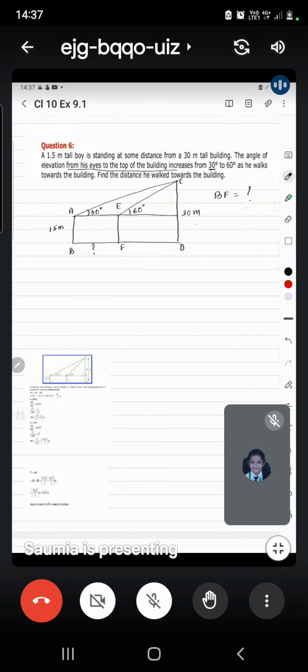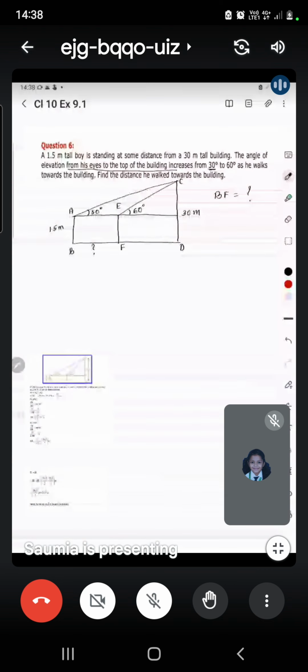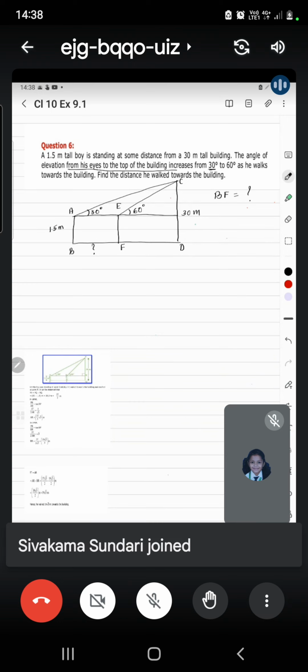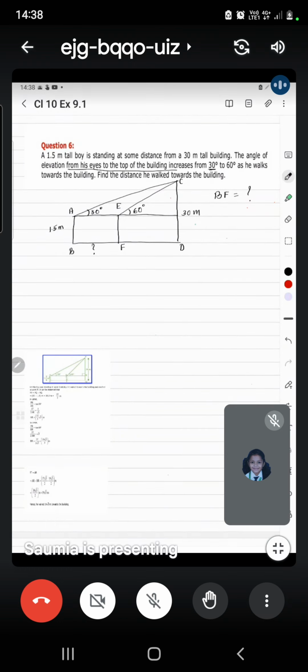I repeat, a 1.5-meter tall boy. So AB is a 1.5-meter tall boy, and he's standing at some distance from a 30-meter tall building. So I made a 1.5-meter tall boy, called it AB. I made a 30-meter tall building, called it CD. Now, this boy is moving towards the building. So EF is his new position.